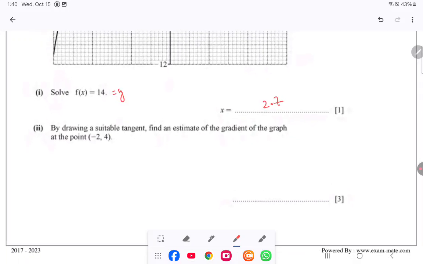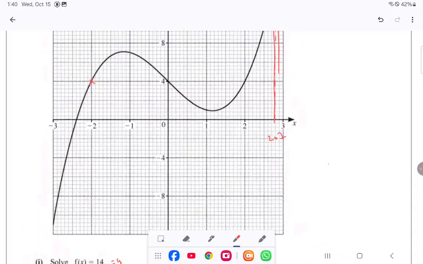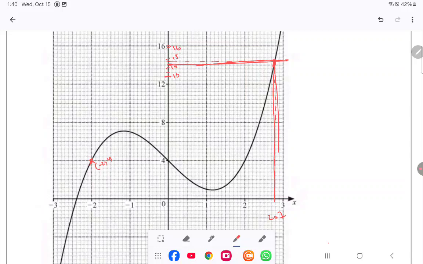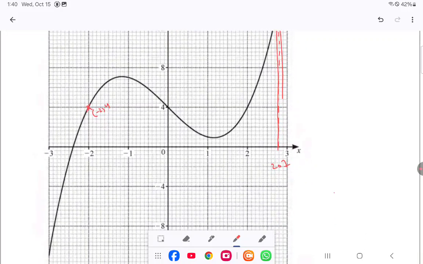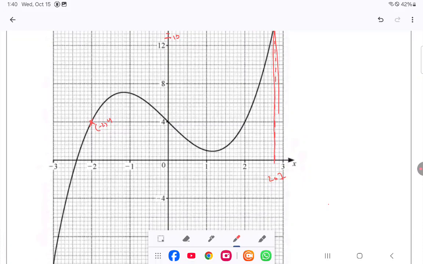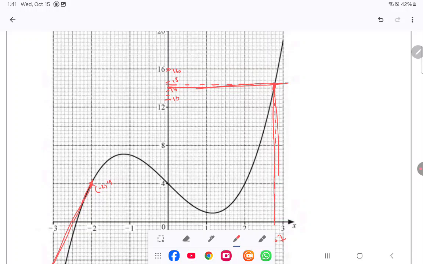So the x value will be 2.7, at which y is equal to 14 and cuts the line. For the B part, draw a suitable tangent and find an estimate of the gradient of the graph at point negative 2 comma 4. So this is the negative 2 comma 4. Extend a line from 14, moving in the upper direction.